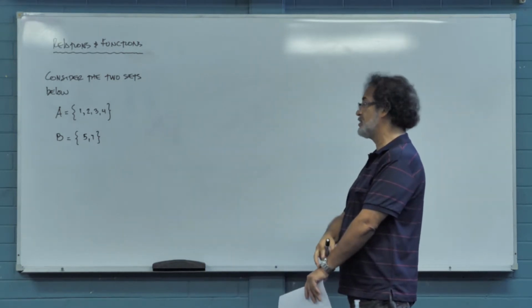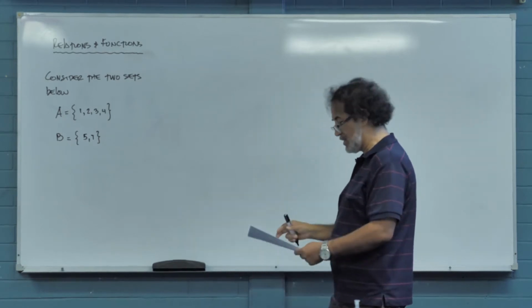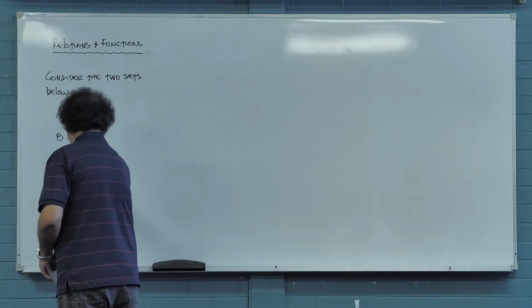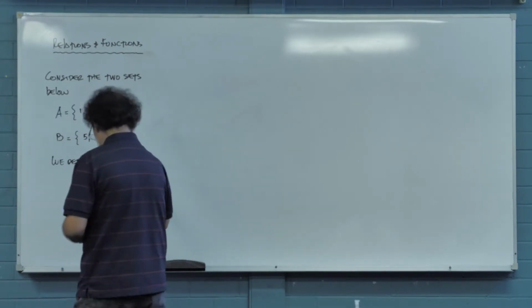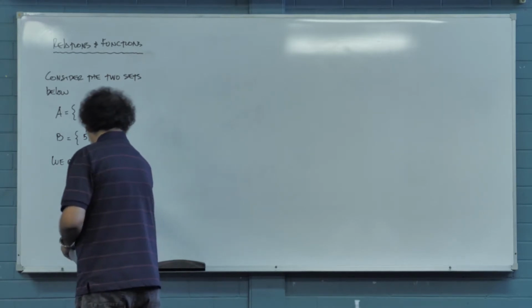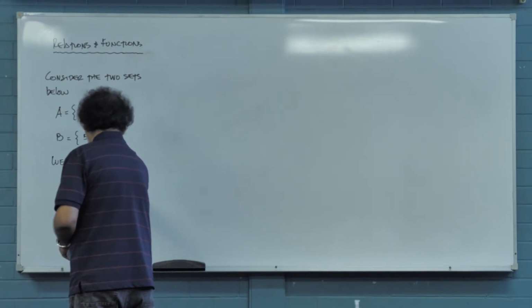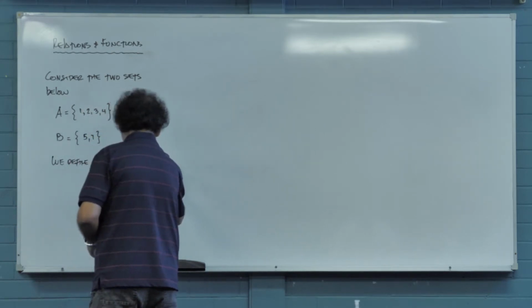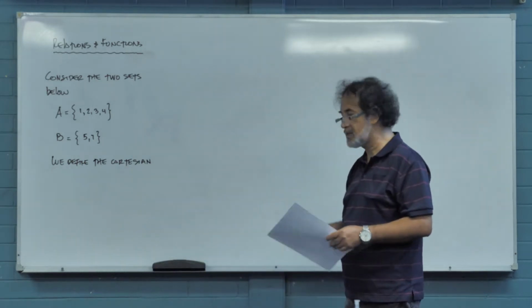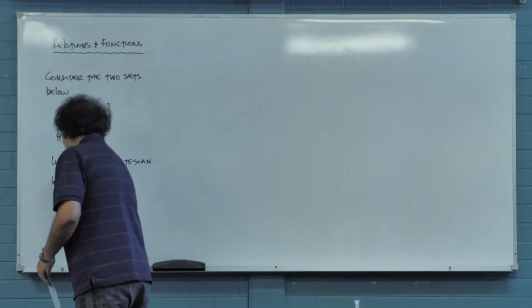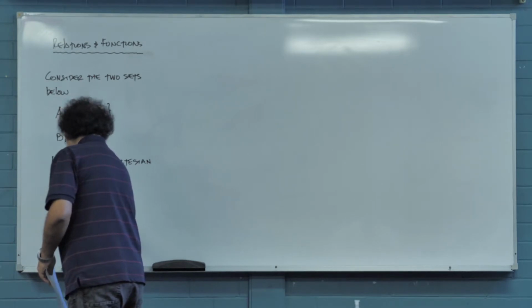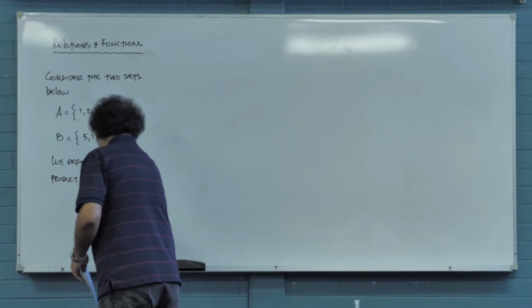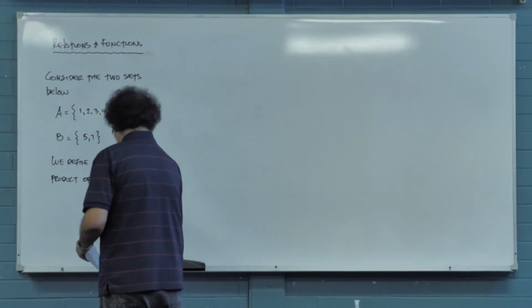And then the first thing that we are going to define is what a relation is. So we define the Cartesian product of A and B as follows.